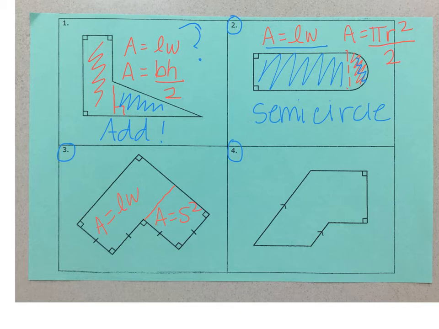You could take this line right here, and if you continued on, what would you have? Yes, you would have a parallelogram, which is just like a rectangle, and then you have a triangle, which would be base times height divided by 2.